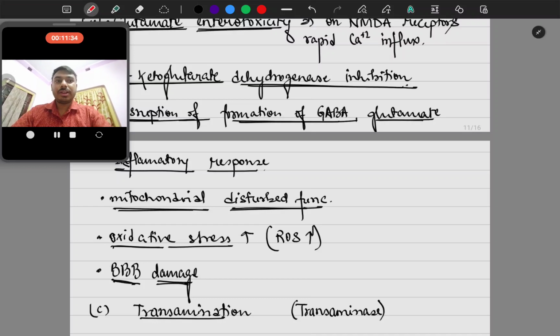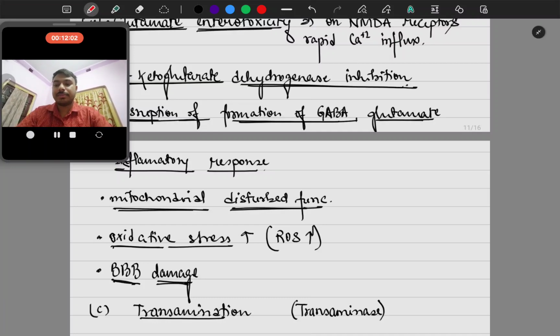If mitochondria get disturbed or have altered function, ATP production will be decreased, and if ATP production is decreased, it will definitely lead to decreased brain activity or decreased brain functionality. Next is oxidative stress. Oxidative stress means reactive oxygen species are increased in the brain tissue due to the accumulation of ammonia or ammonium ions.